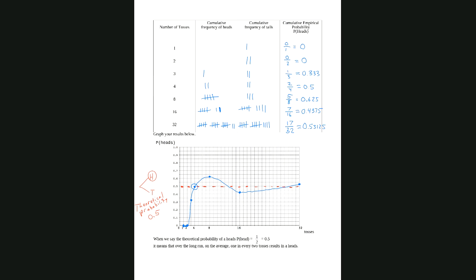But as the number of tosses increases, what we see is a trend here that the cumulative empirical probability is approaching the theoretical probability statistically over time. And so that's a very fundamental property of the universe, basically.